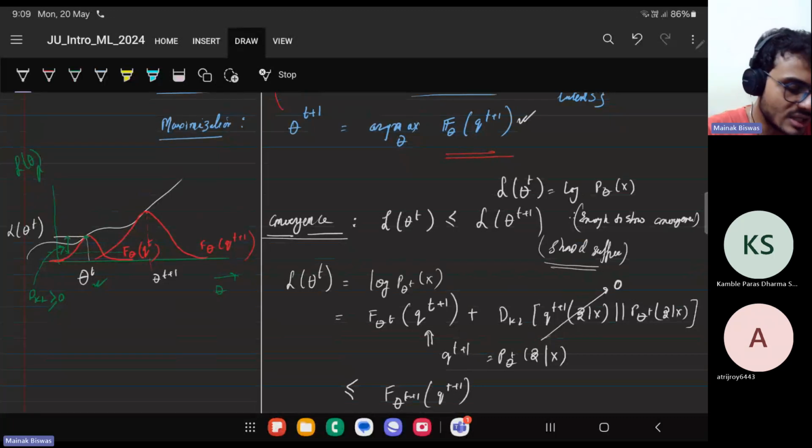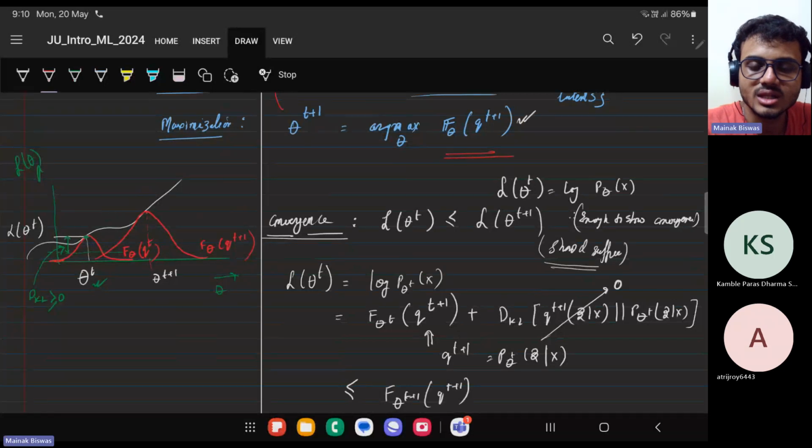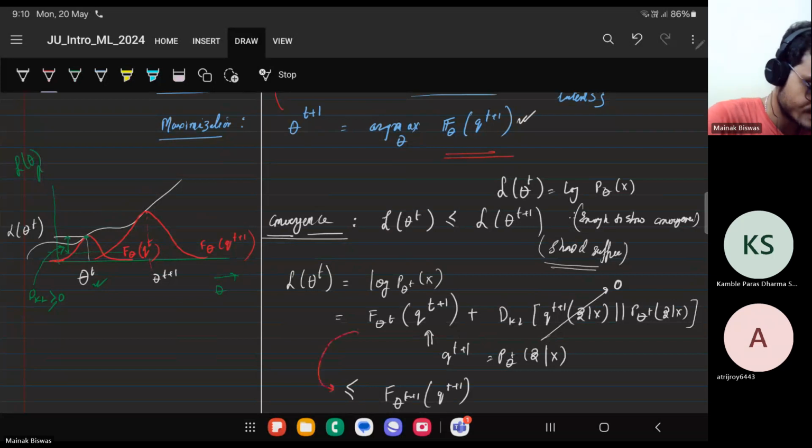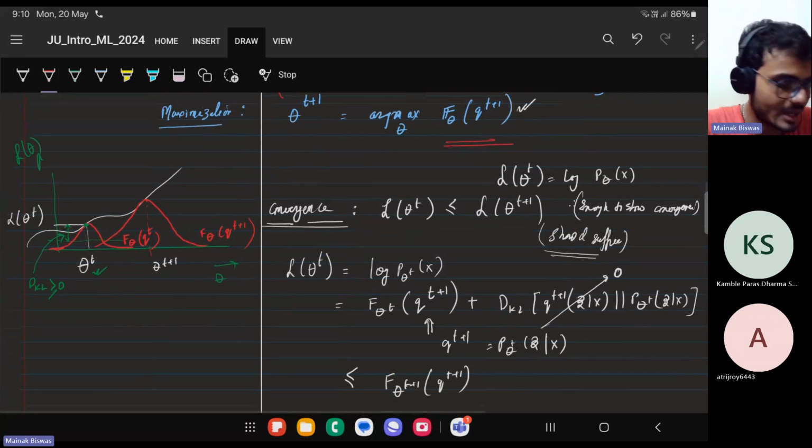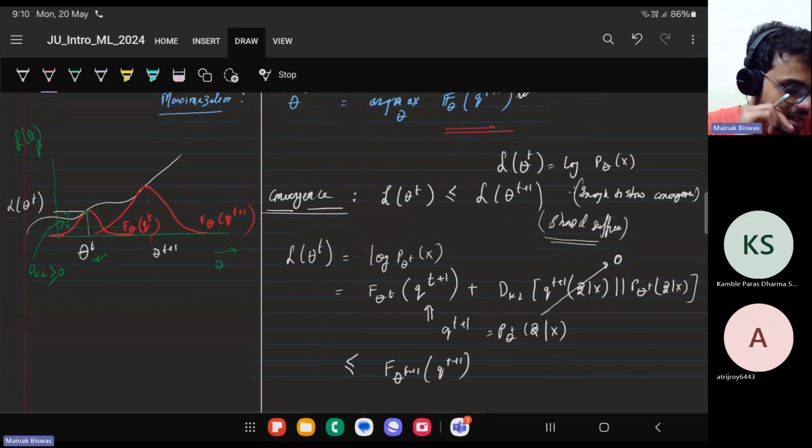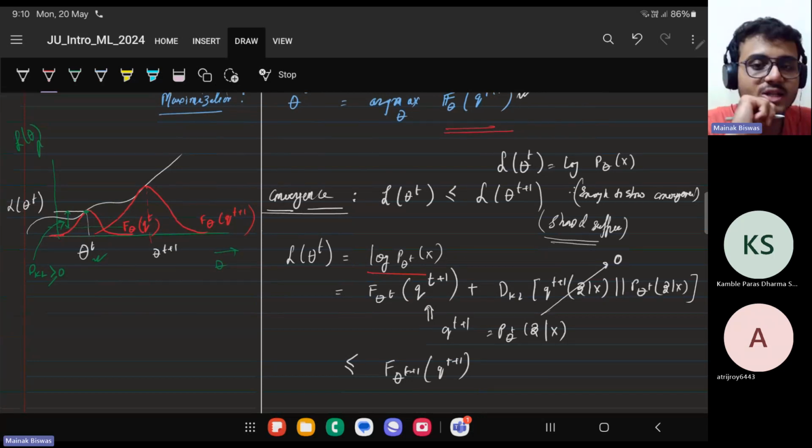For the time being, even if you forget about this t plus 1, q of t plus 1, what does f theta t plus 1 mean? How did you get t plus 1 for theta? Can you repeat once? Your voice is cracking. I think there's an internet problem, the weather is bad. See, L theta t is equal to log p theta, this is log p at the t-th instant, p theta of x, the log likelihood.